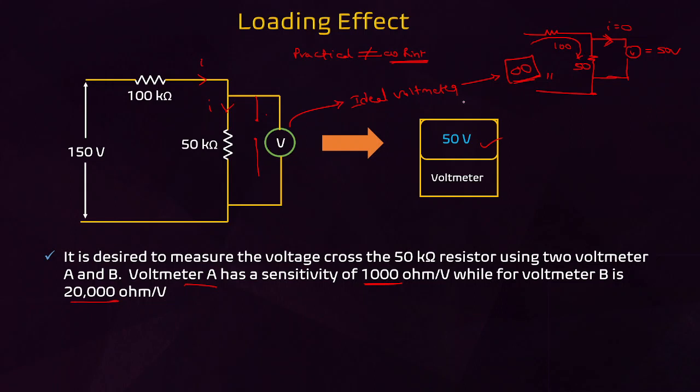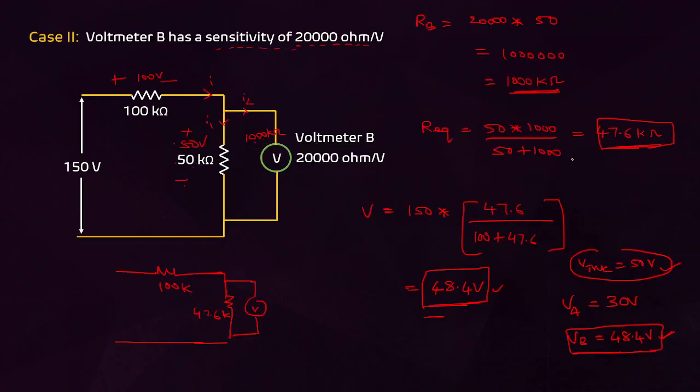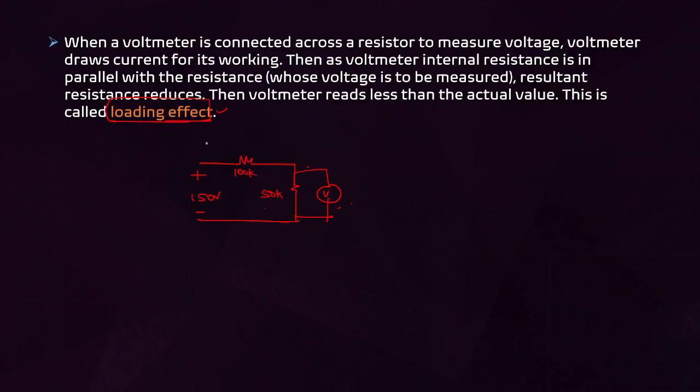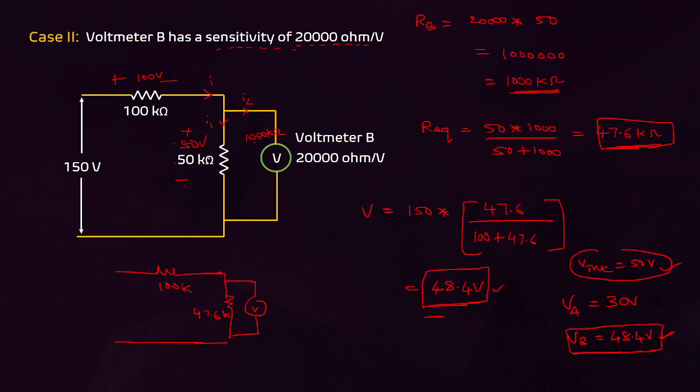So since resistance is infinity, we can directly say that the sensitivity of an ideal voltmeter is infinite, right? So in order to reduce this loading effect, what we have to do?